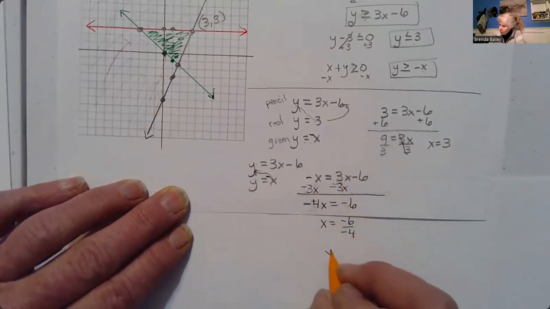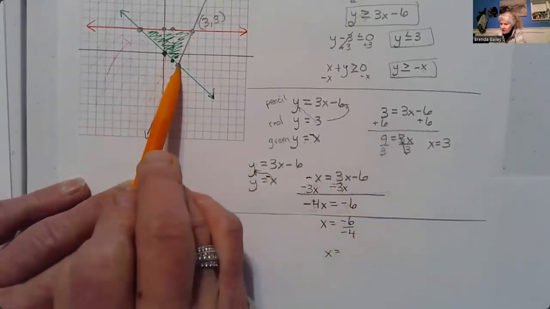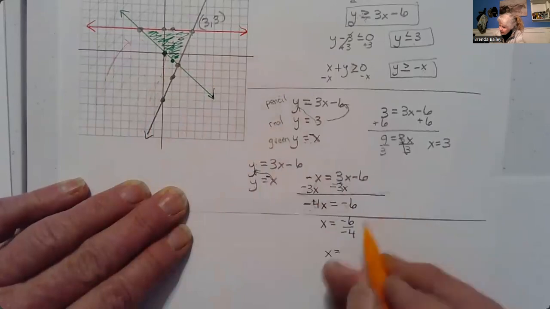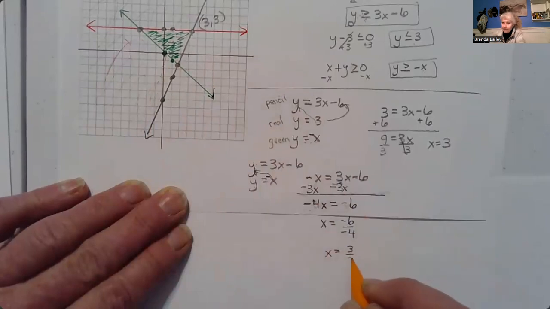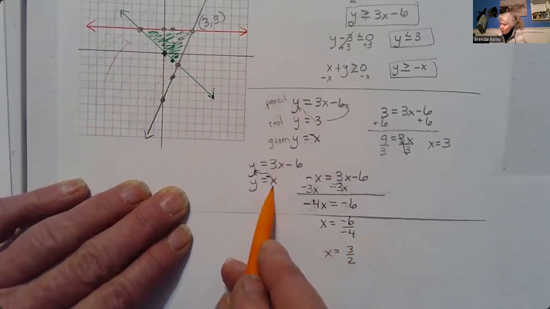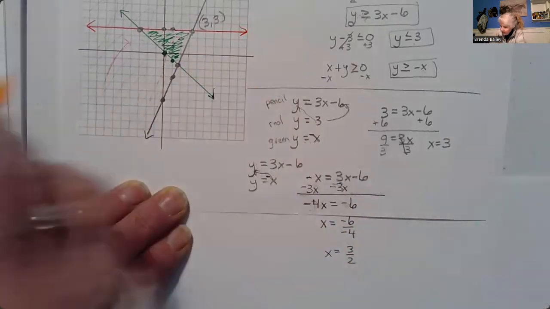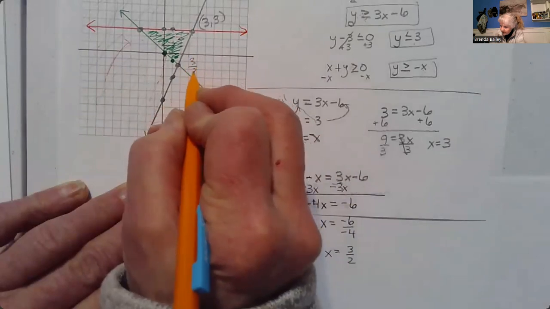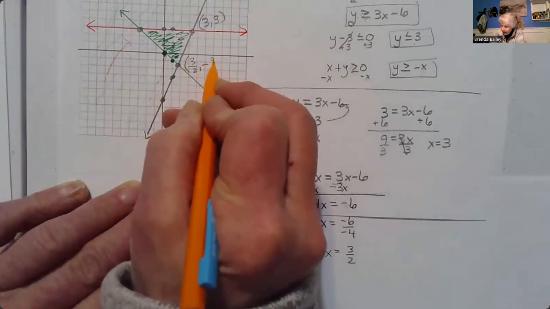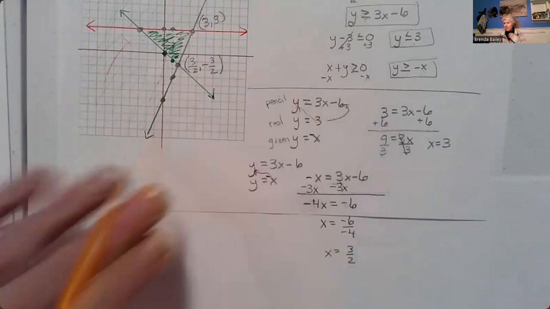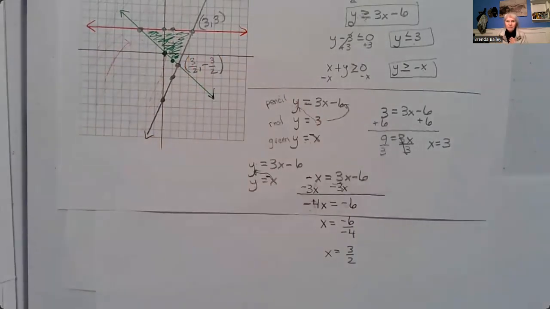So our x coordinate of this point with the pencil and the green is a positive 3/2. So if x is a positive 3/2, y is the opposite of that. So we have a point, this is the point 3/2, negative 3/2. Much better. Just did not catch the fact that I copied that down wrong.